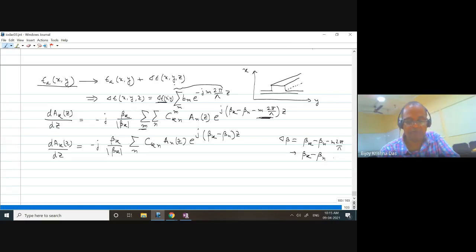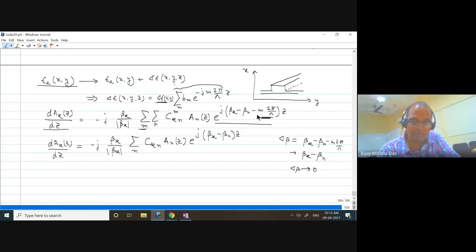minus beta n. And also we have shown that only if delta beta tends to 0, you will be able to see the evolution of the kth mode. Otherwise, the integration will give you 0, because that is a sinusoid, it will be j something. A sinusoidal function, if you integrate over a length, will accumulate as 0.